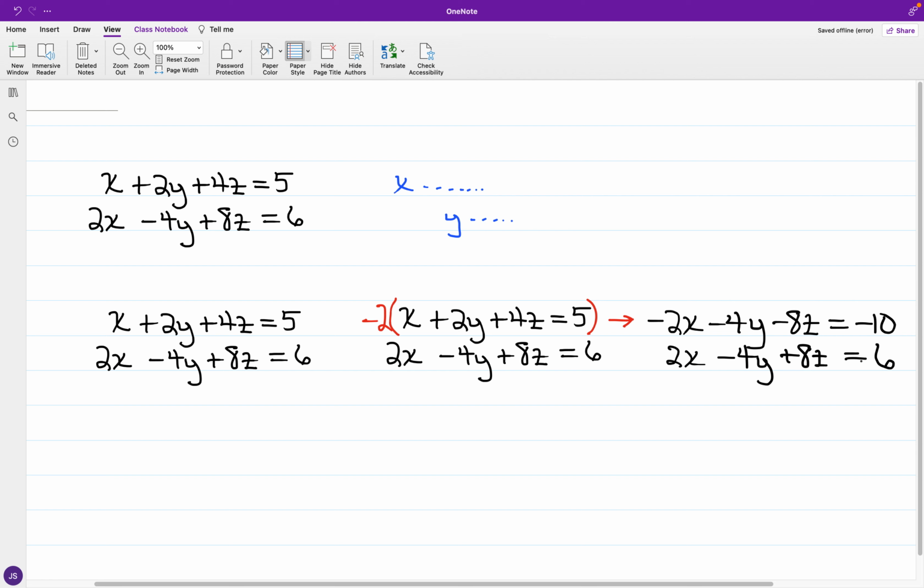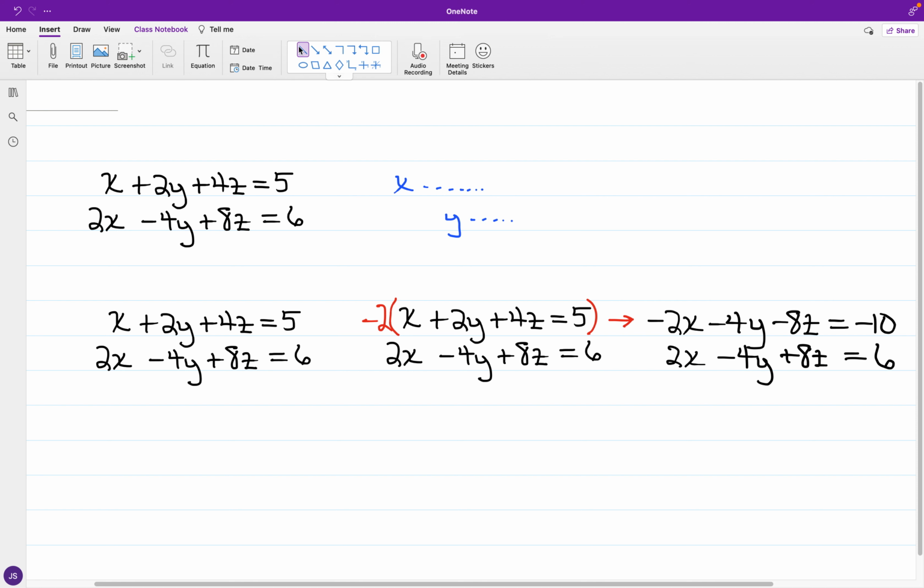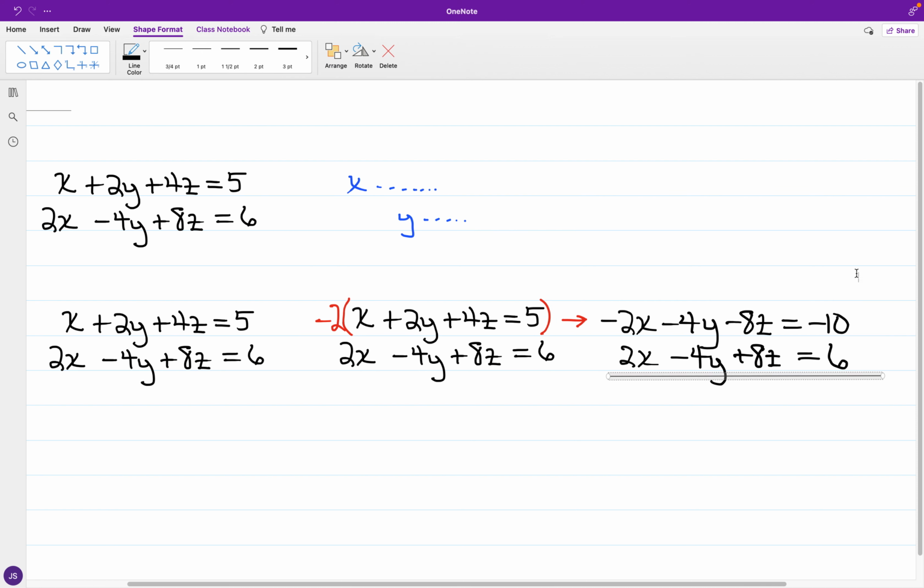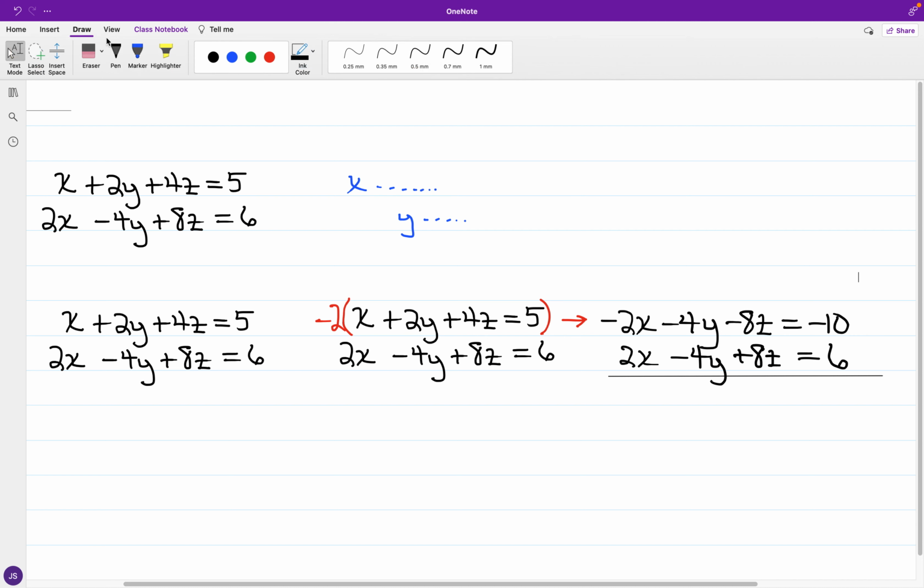Okay, in this particular layout, negative 2x plus 2x is going to go out, and we have negative 4y plus negative 4y, so this will come out to negative 8y.